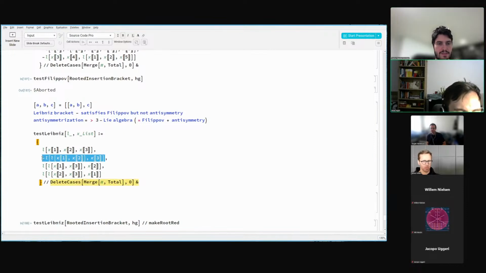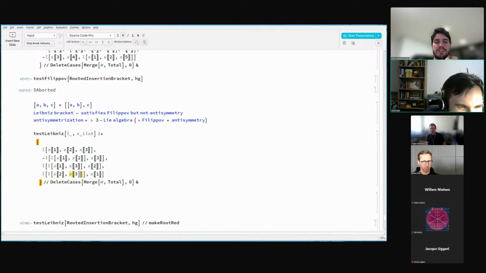But I have to antisymmetrize the result of the previous antisymmetrization. Maybe just antisymmetrize the whole thing and call it a day because it's not that many. Okay, let's see what it's going to do. It should be fine.